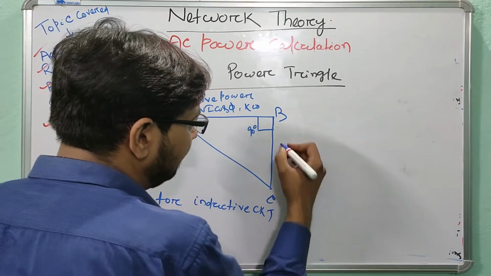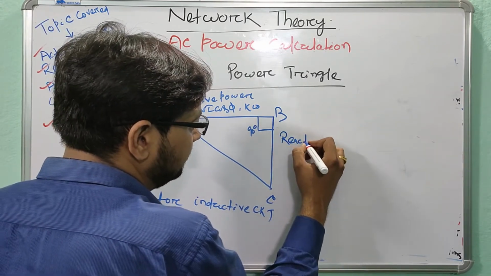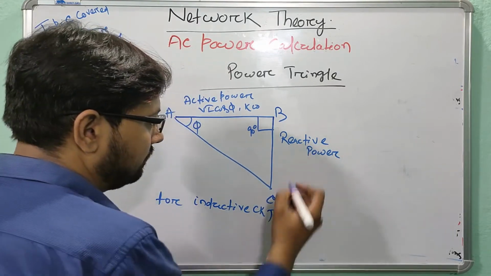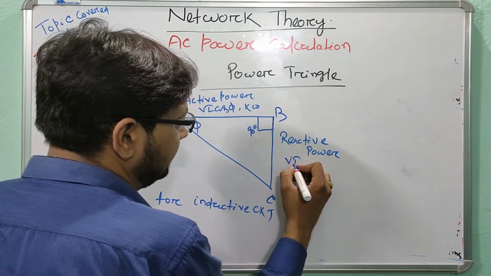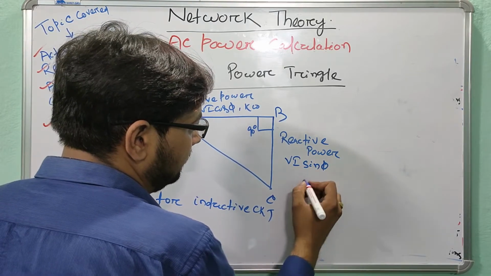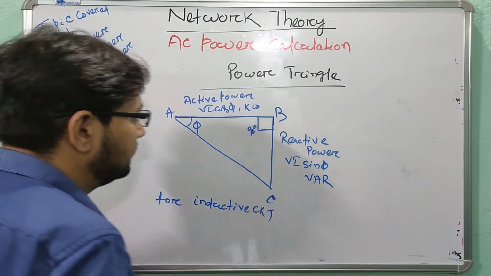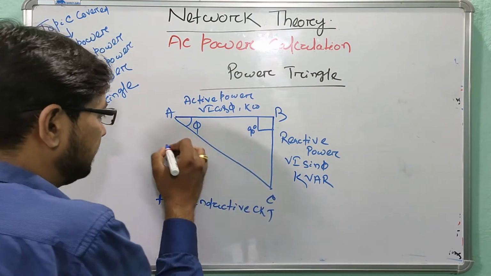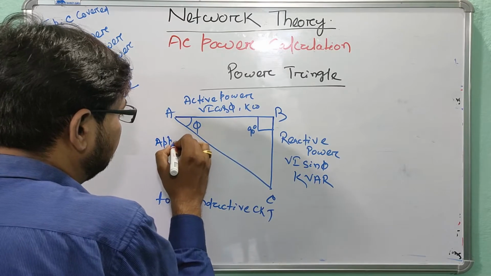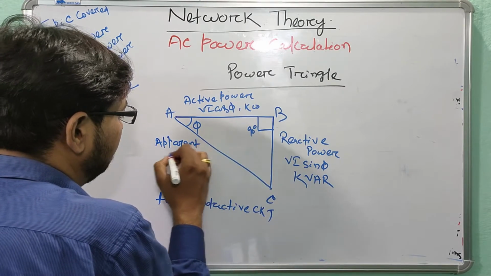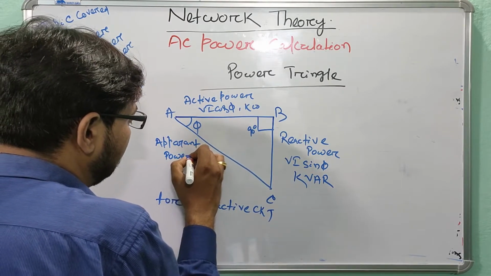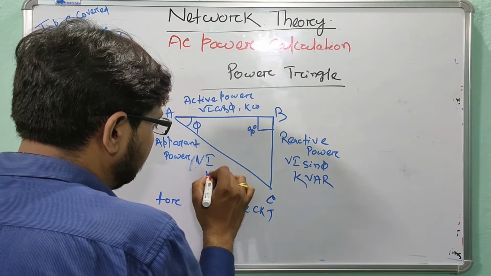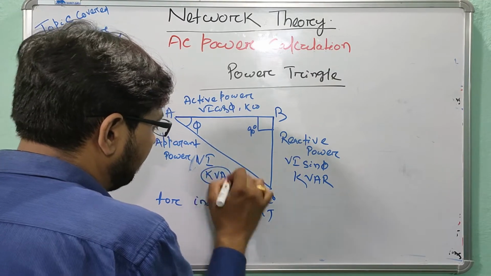What is my BC value? That is your reactive power, equal to VI sin phi, in VAR or kVAR. What is my AC value? That is your apparent power, equal to V into I, in kVA or VA.